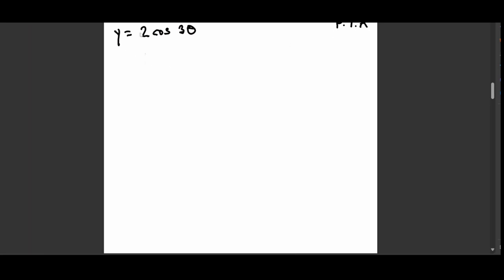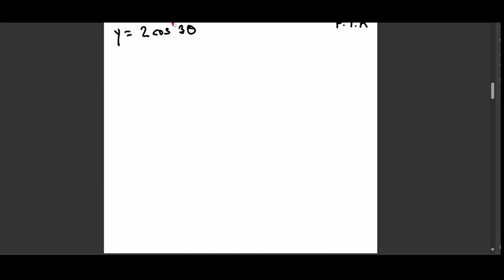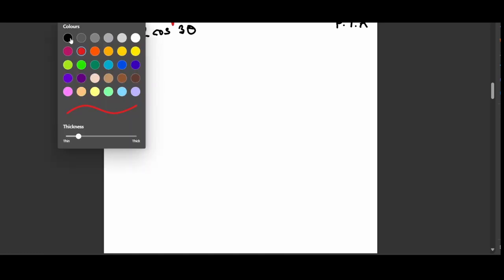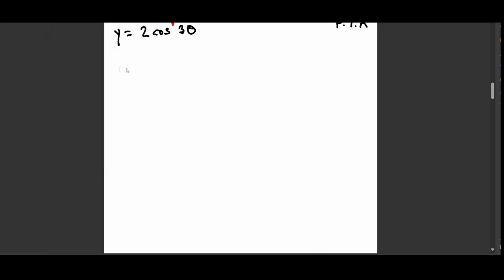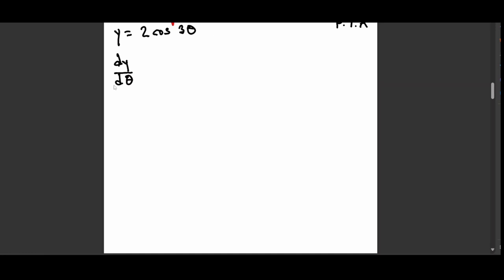So let us differentiate this trigonometric function, firstly with respect to the power. Since we have a power of 1 here, even though it is not indicated, if we want to differentiate this, firstly, dy dx, but in this case, it's actually dy d theta, because the variables we have are y and theta.